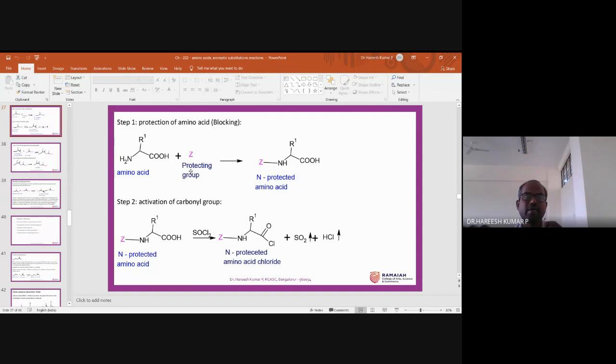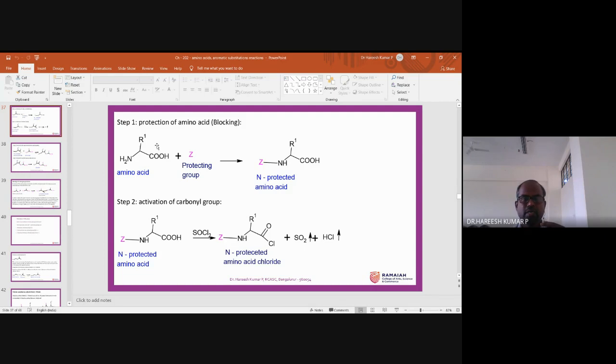Z is a protecting group. So what is a protecting group? A protecting group is the one which protects the amino or carboxylic acid, but it should be inert during the synthesis, and it can be easily removed without affecting the peptide bond linkage.